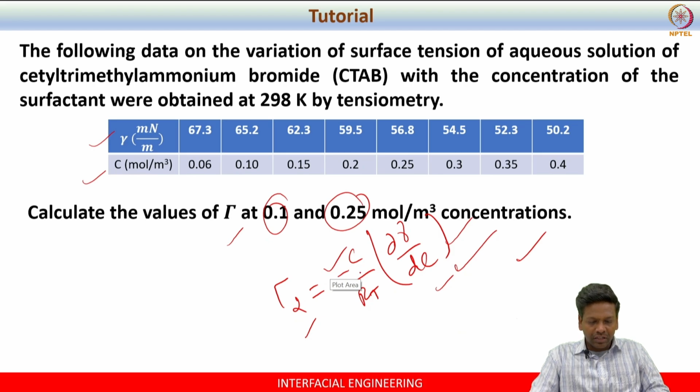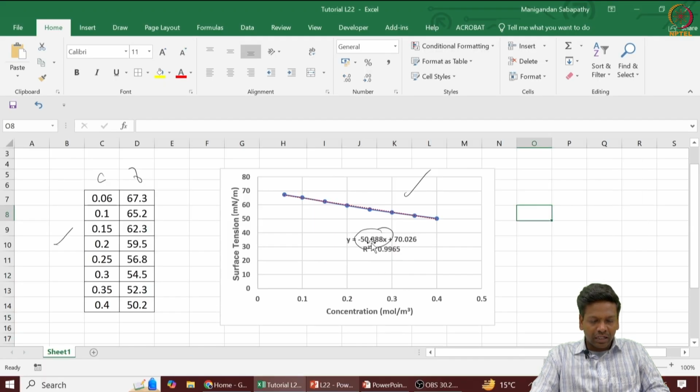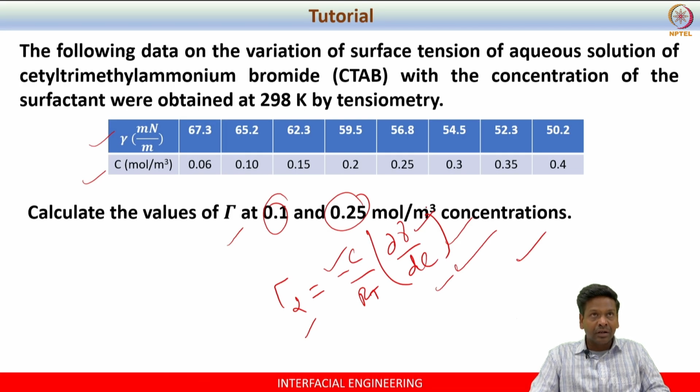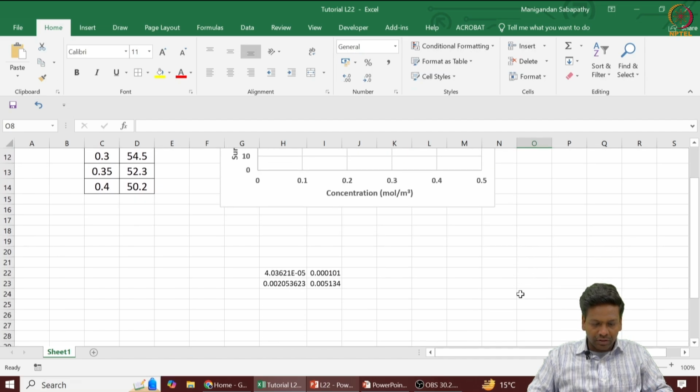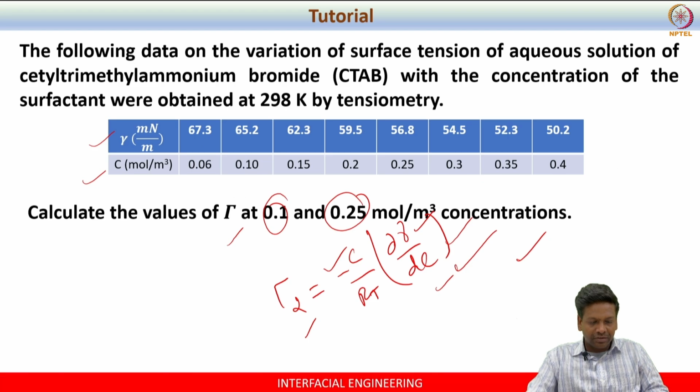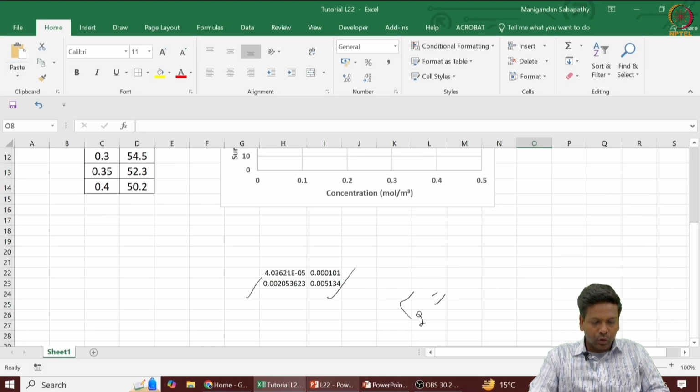When you substitute this value, that is minus 50.88, and C that is 0.1 and 0.25, you will get the surface excess for 0.1 and 0.25. The surface excess at a concentration of 0.1 is 2 millimole per meter square.